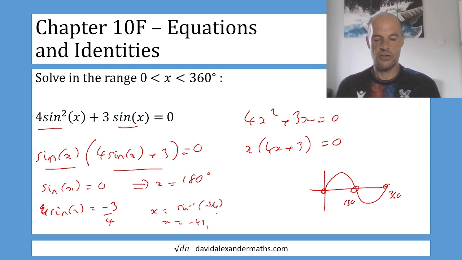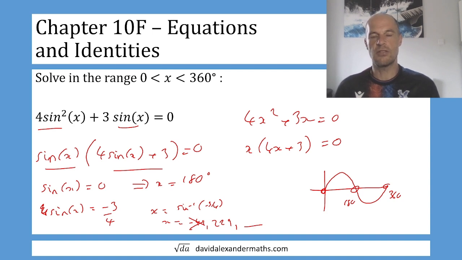So for the next solution, I need to do 180 minus this. So 180 minus minus 49, so 180 plus 49, so that is 229. So this is out of range, but maybe the next one is in range.